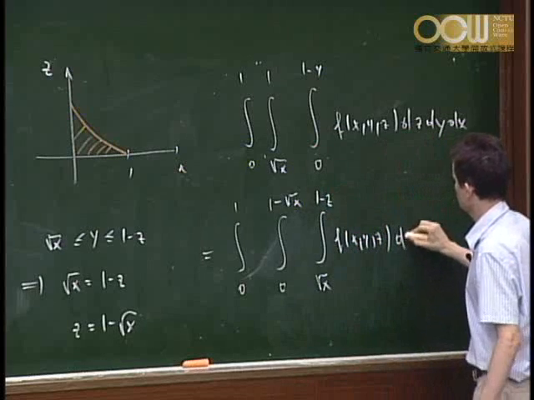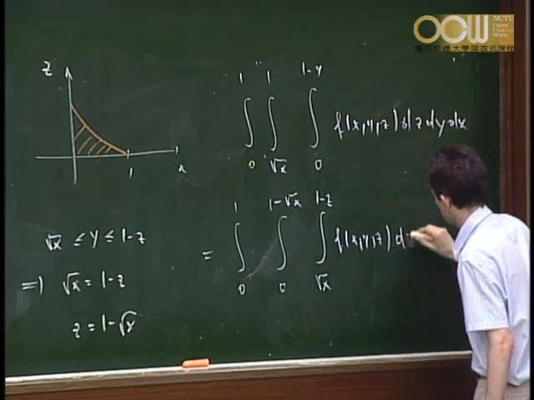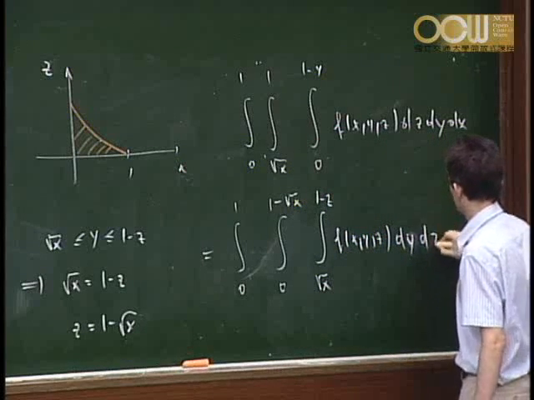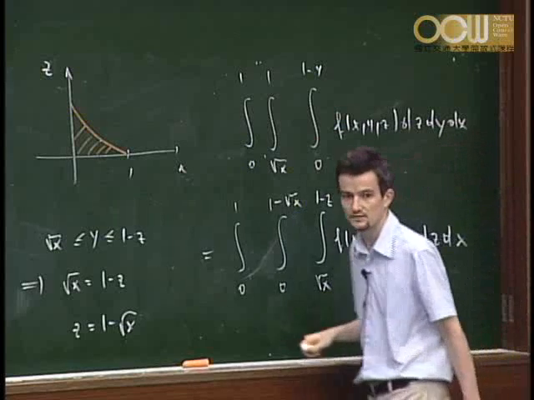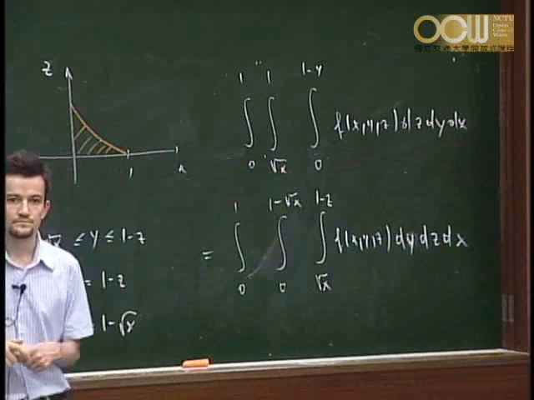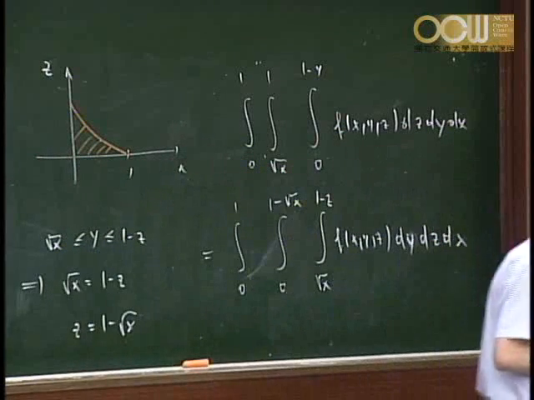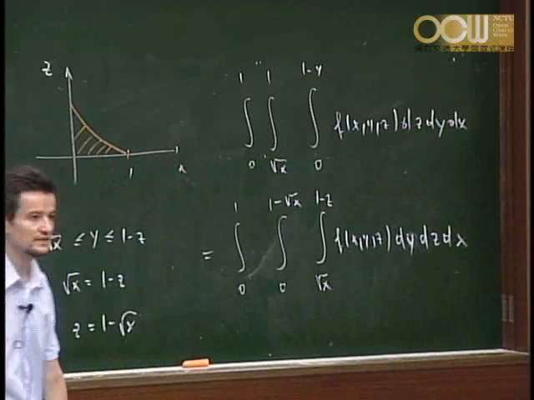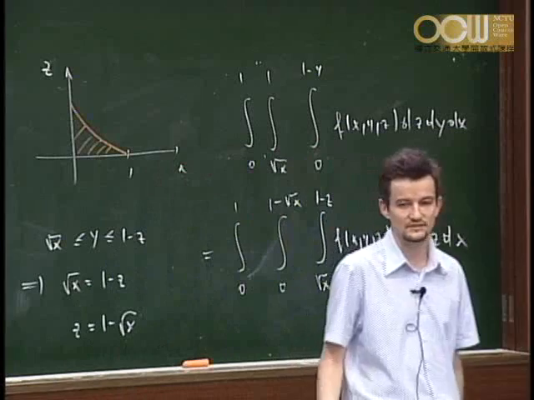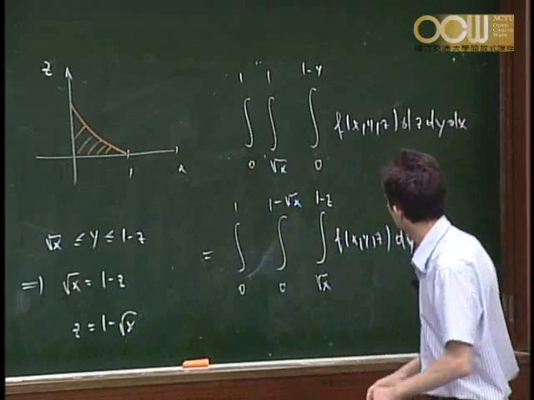So the last one was with respect to y, the second one with respect to z, and the first one with respect to x. You see that you should do some exercises because it's easy to get confused and to get the limits wrong.